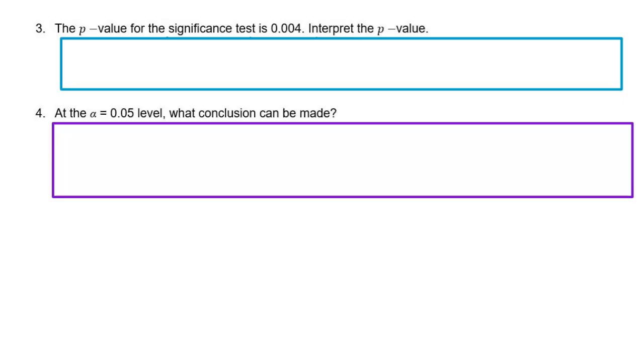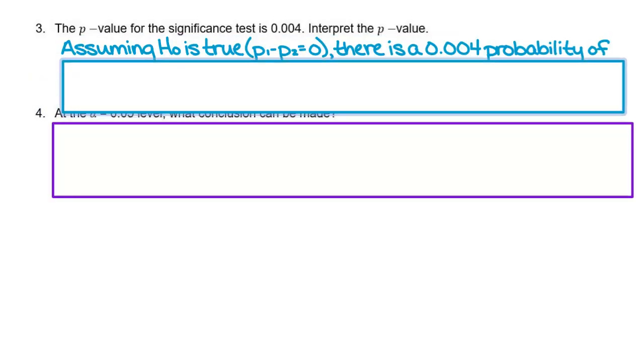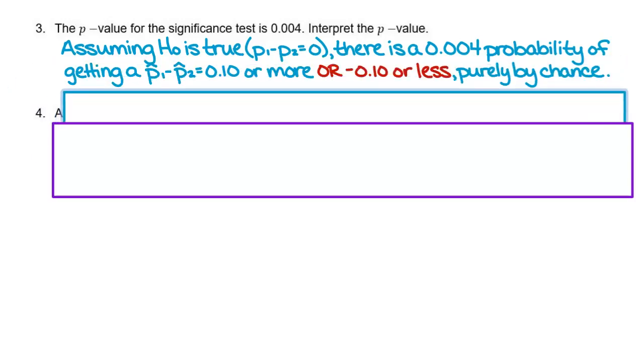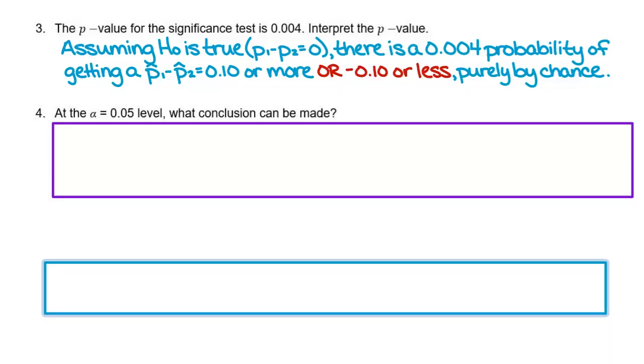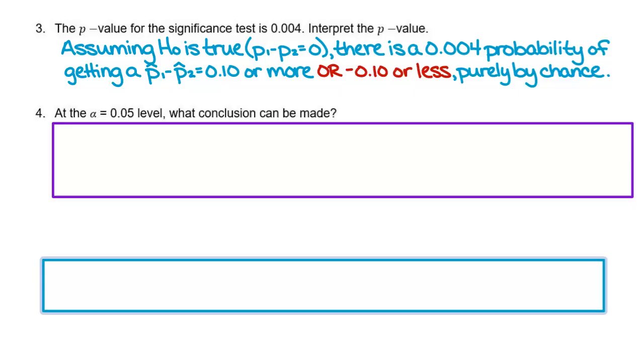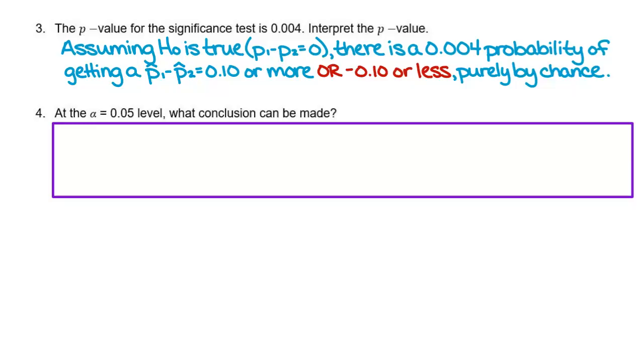Assuming the Ho is true, P1 minus P2 equals 0, there is a 0.004 probability of what? Yep, of getting a P hat 1 minus P hat 2 of 0.10 or more, or going on the other side of my mean, going on the other side of 0, negative 0.10 or less, purely by chance.